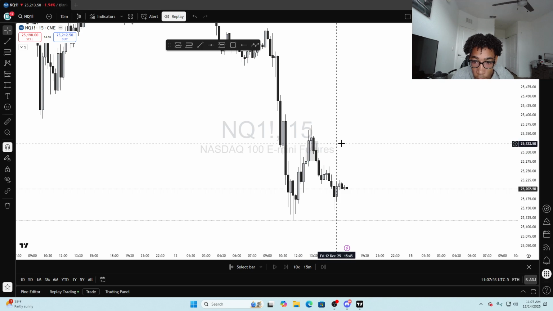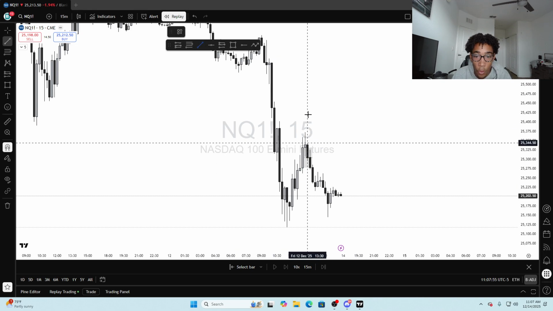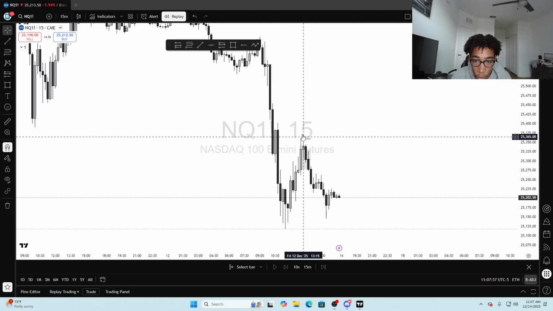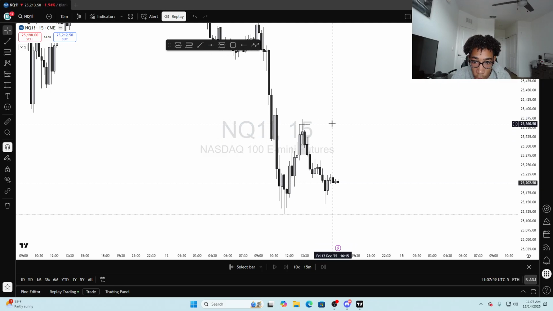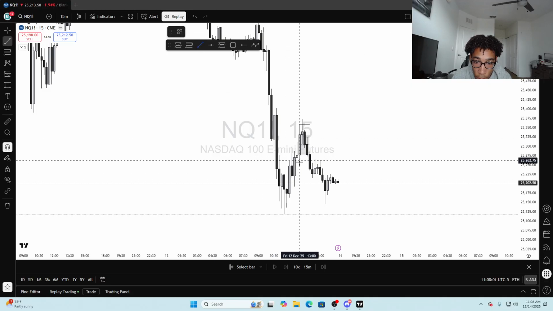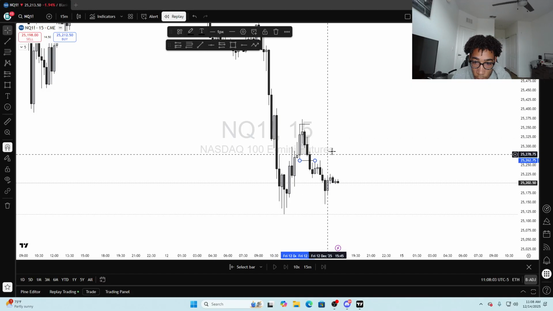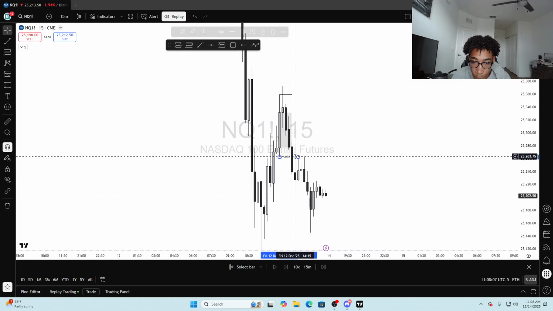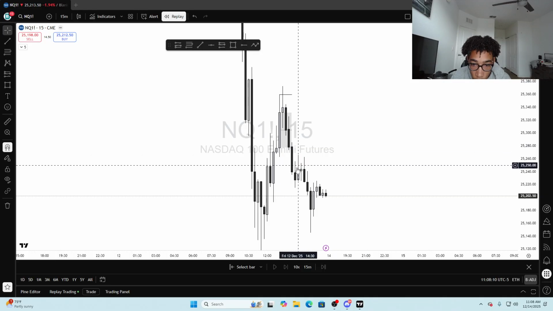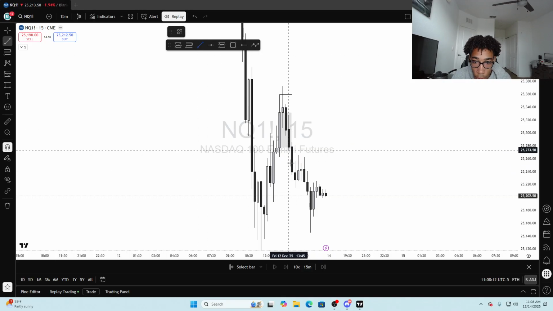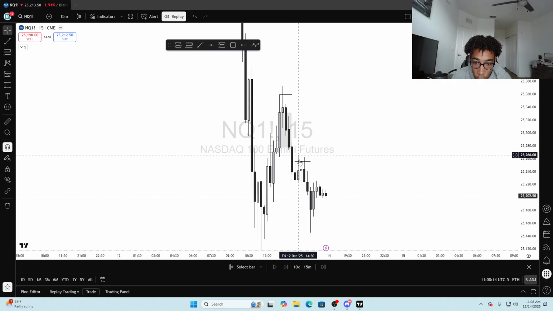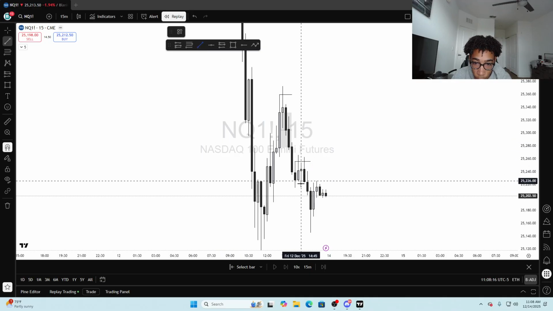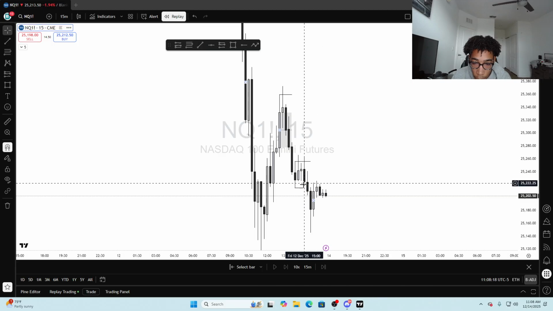And you see how we come up, we take the high out, and then we reject back into the range of this candle. Therefore, you can expect the bottom of this range to be tapped into. All right, understand that? Same thing right here. We have this high taken out, we close below it. You can expect price to come back and tap the low of it.